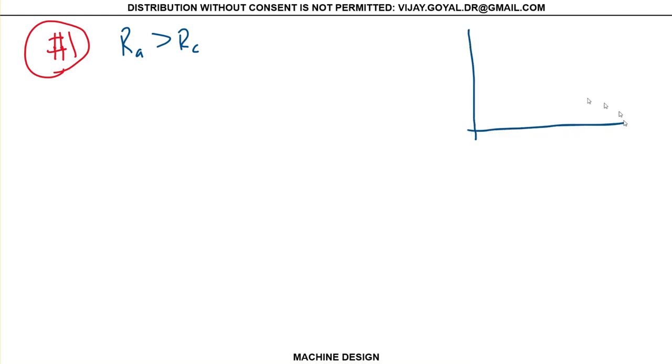Let's do the first guess. Guess number 1. Let's assume that RA is bigger than RC. It's a guess. So basically what we are saying is, my actual slenderness ratio is on this side.